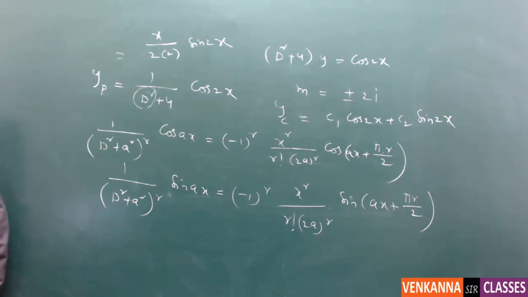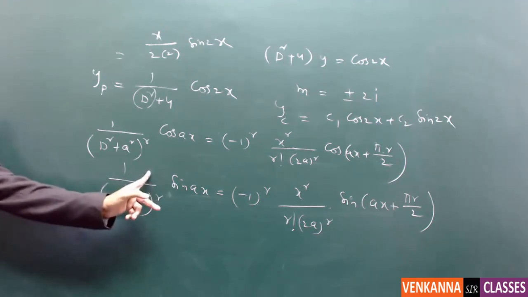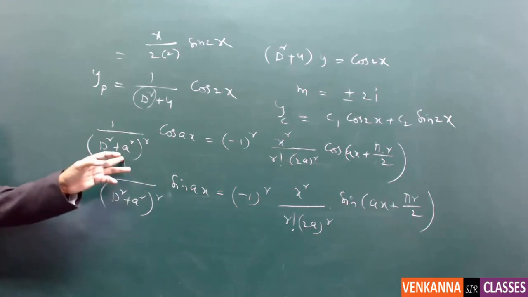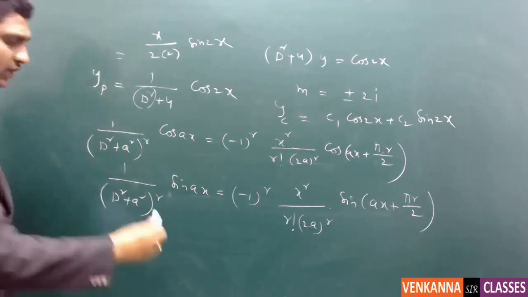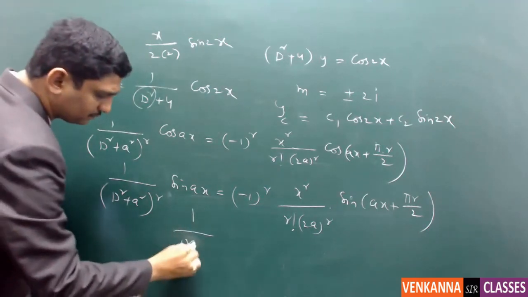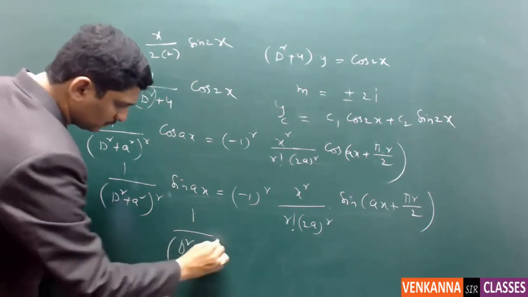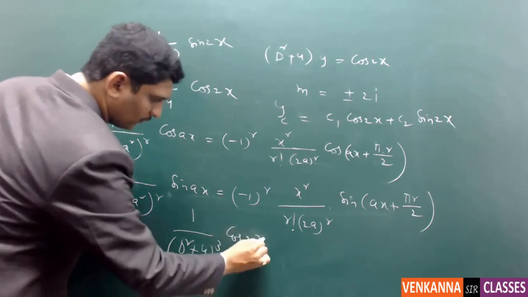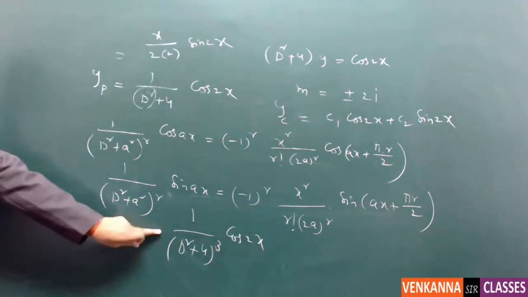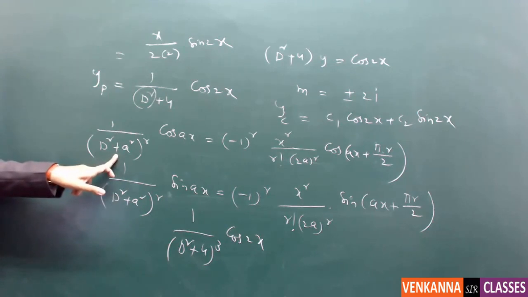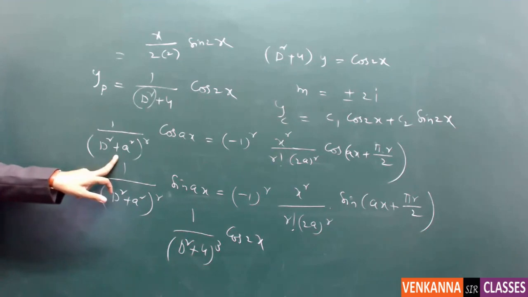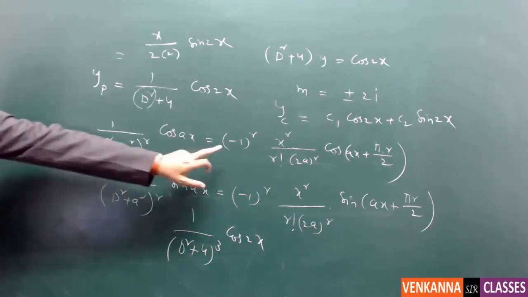So this formula is useful whenever the denominator contains (D square plus a square) whole power r. For example, if the denominator is of the form (D square plus 2 square) whole cube, here a is equal to 2, r is equal to 3. So you are going to apply this formula here.